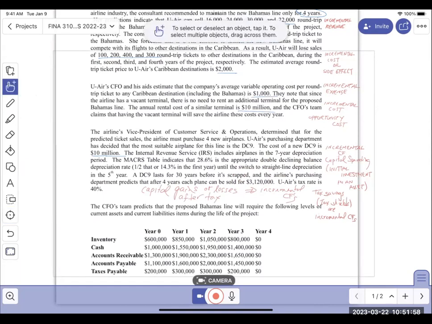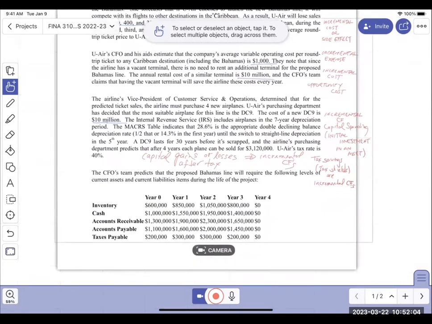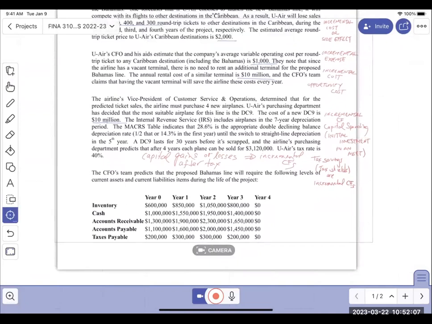All right, lots of information. So finally, the last piece with regards to the daily operations of the Bahamas line, we have here net working capital, current assets and current liabilities.